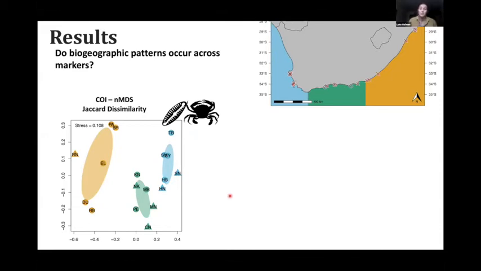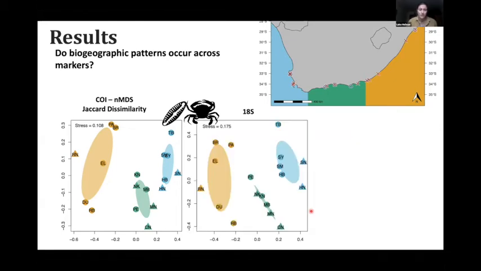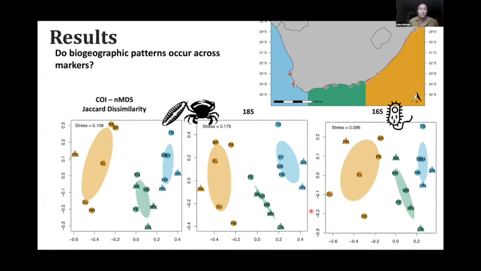But what you should see, hopefully, is that the colors of these sites match up with the colors of the ecoregions of the South African coastline. And I hope you all agree that we're clearly separating these 3 previously described ecoregions using the eDNA data for the CO1 and also for our 18S. So we can see our larger organisms are all obeying the patterns that we'd expect. But when we go to 16S, we see exactly the same thing.